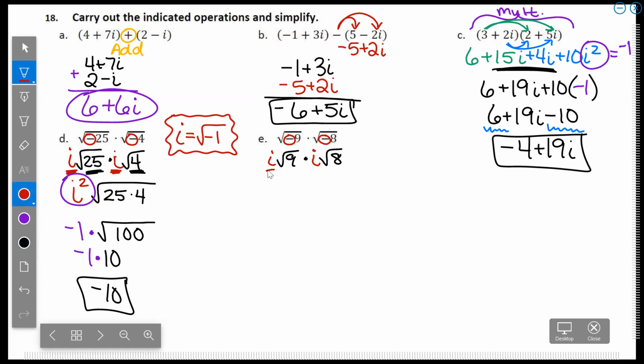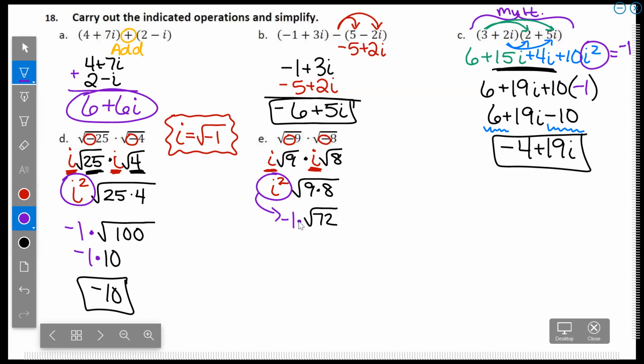I multiply the outside pieces, i times i gets i squared. I multiply the inside pieces, 9 times 8. What is 9 times 8? 72. So underneath my square root, I have 72. i squared, though, I replace with negative 1.